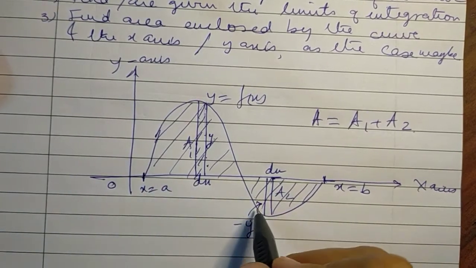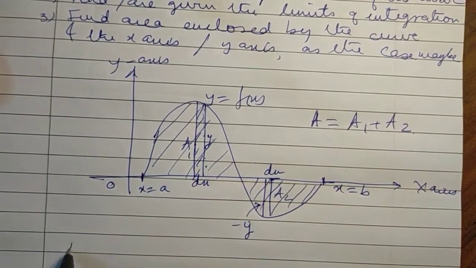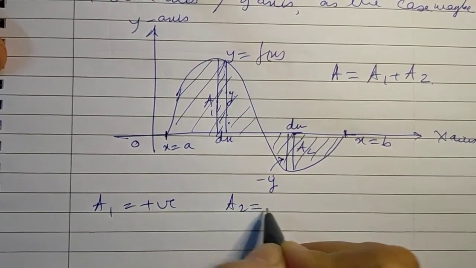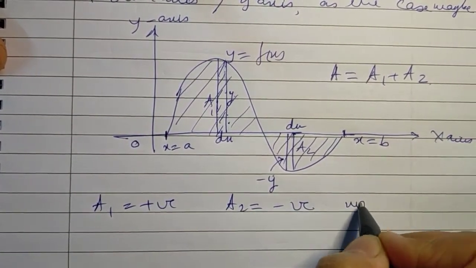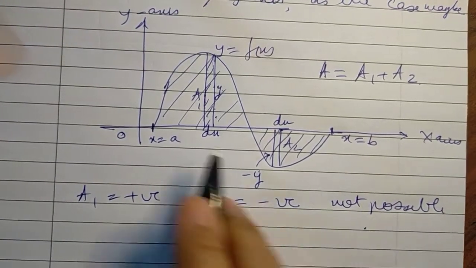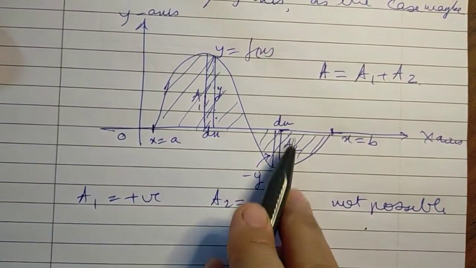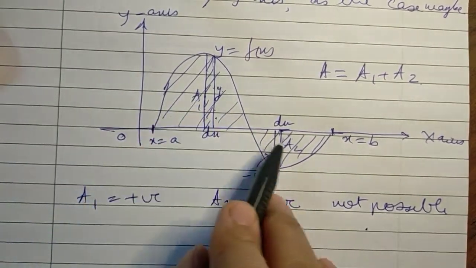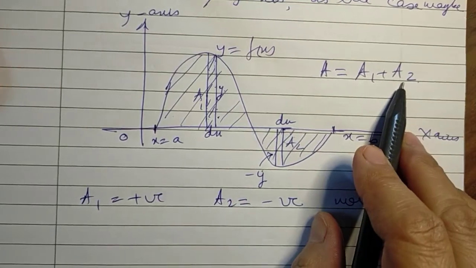So when you find the integral, A1 comes out to be positive, whereas A2 comes out to be negative, which is not possible because area is never negative. And when you add A1 plus A2, instead of getting added, what you get is the difference of the two areas, which will give you wrong results.